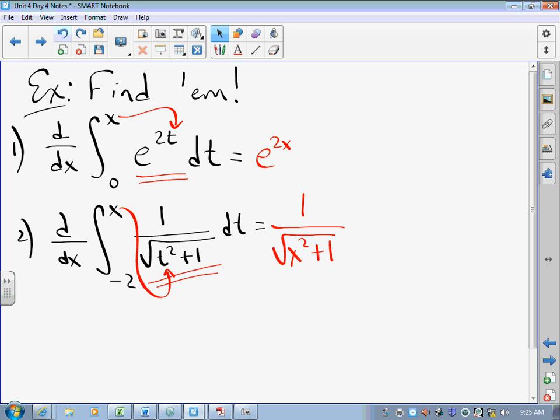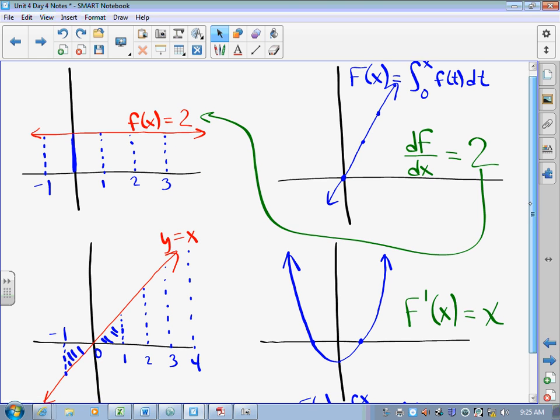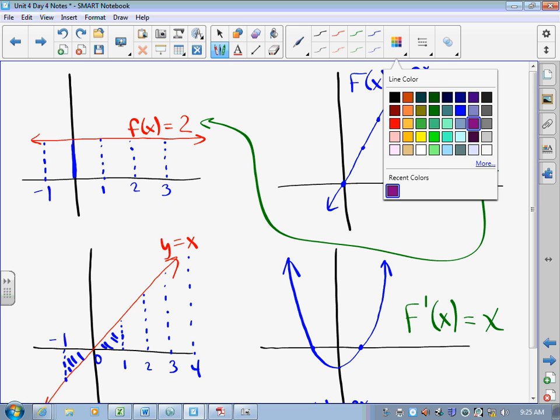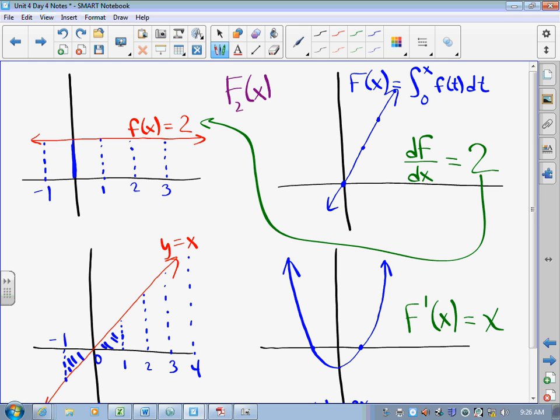Why doesn't the number on the bottom matter? Well, let's consider what would have happened if we created some other F function, call it F2, which was the integral from 1 to x of little f of t dt. Then at x equals 1, we'd be at 0. At x equals 2, we'd have an area of 2.